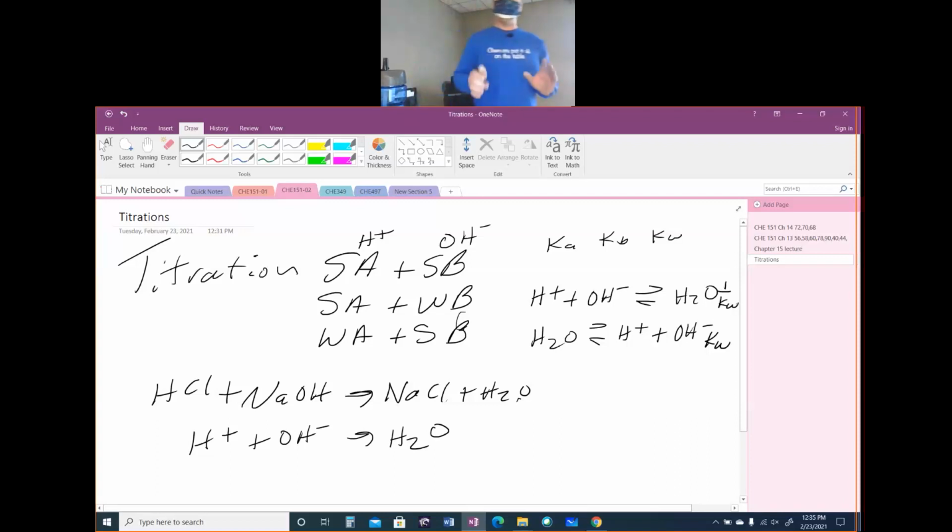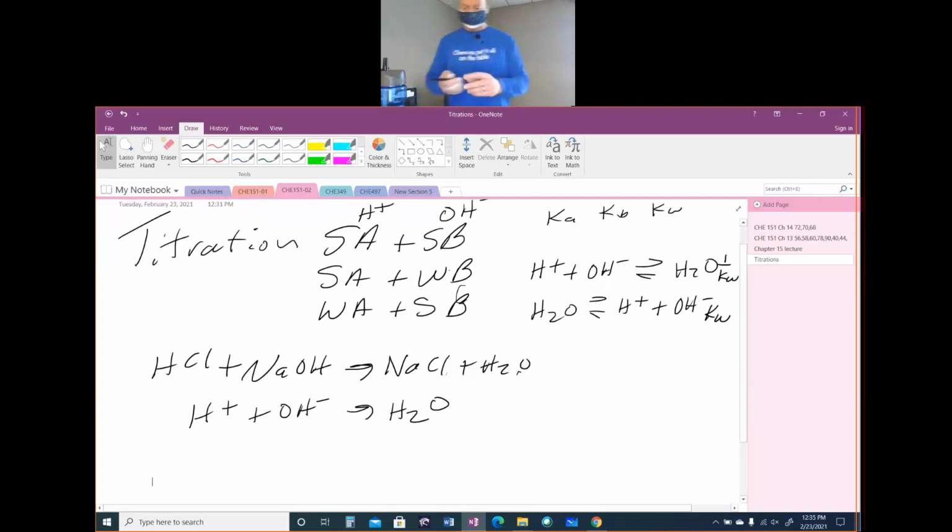You can use either reaction. I'm going to stick with always using the Kw as a Kw and not 1 over the Kw. Same with the Ka. I'm going to use the Ka, not the 1 over the Ka. Same with the Kb. All right. Unfortunately, when you are given the question, it's going to say that you added acid to base.